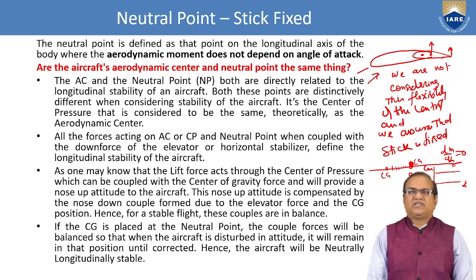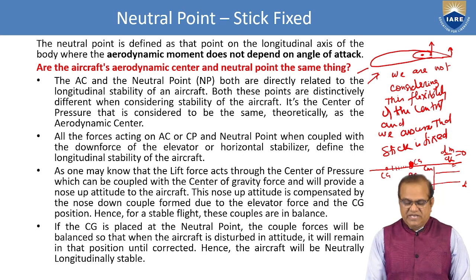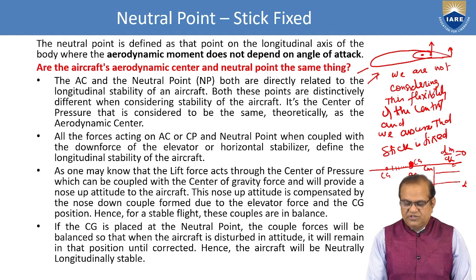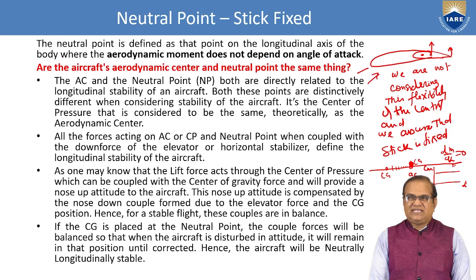As one may know, the lift force acts through this center of pressure, which can be coupled with the center of gravity force and will provide a nose up attitude to the aircraft. This nose up attitude is compensated by the nose down couple due to elevator force and the CG position. Hence, for a stable flight, these couples are in balance.